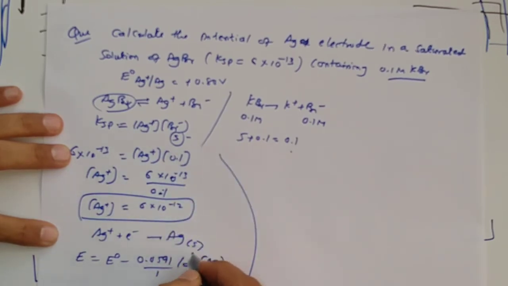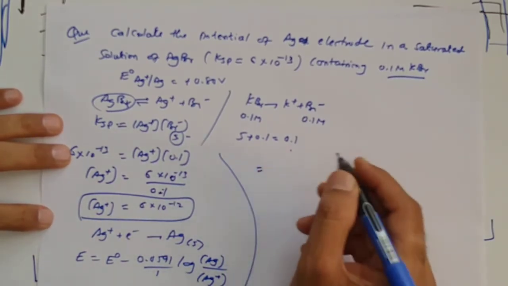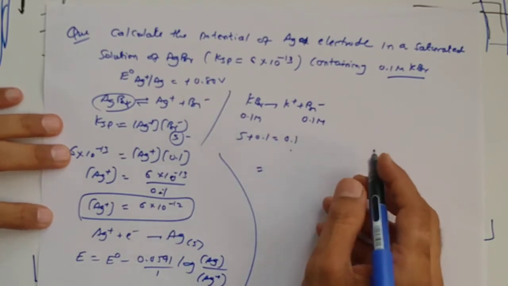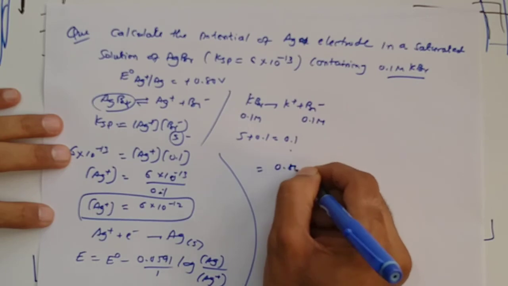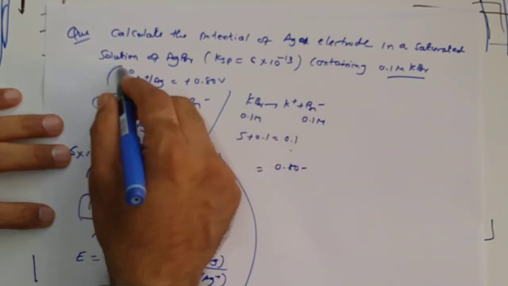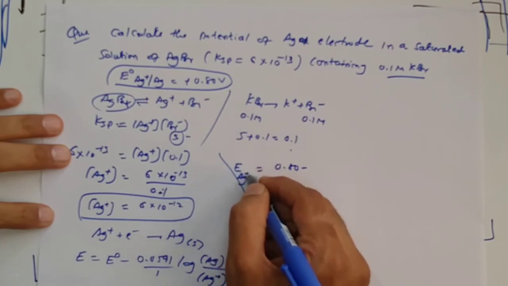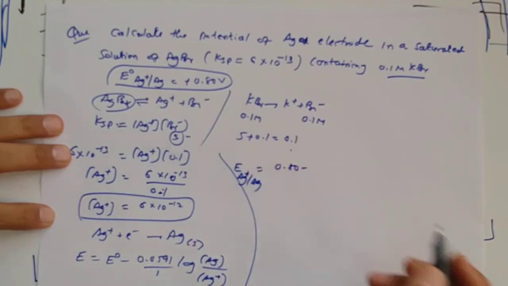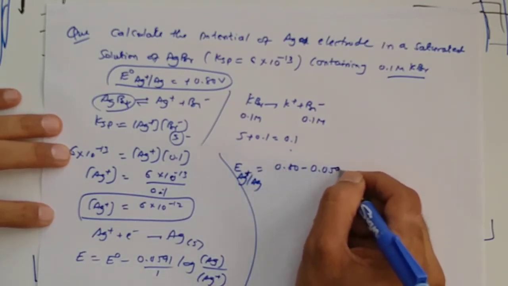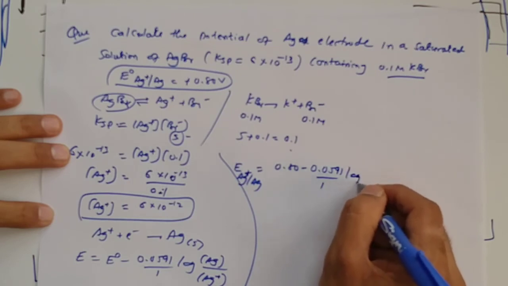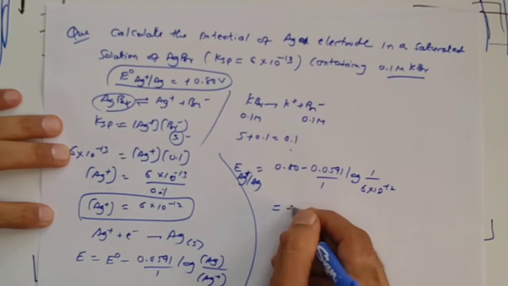So E degree of this cell is 0.80. The standard potential is given, the non-standard we have to derive: 0.0591 upon 1 log 1 upon 6 into 10 raised to minus 12.